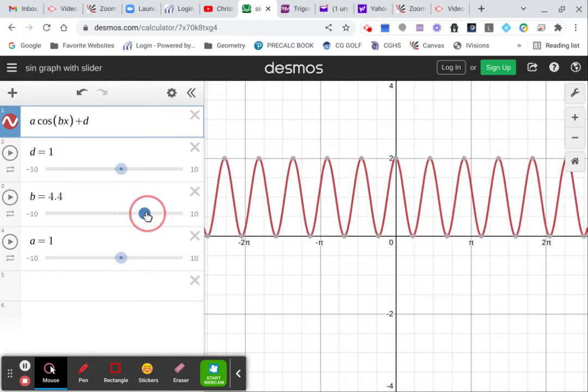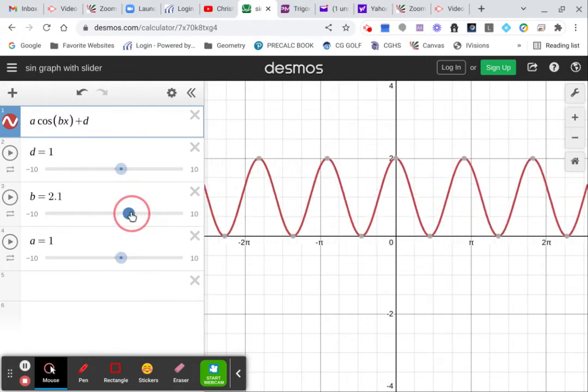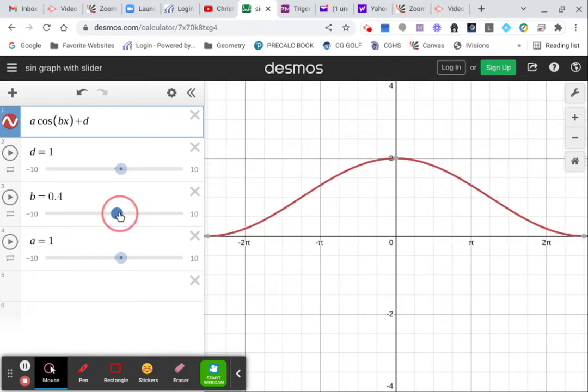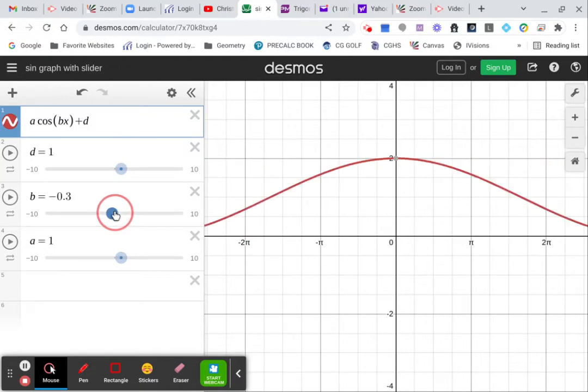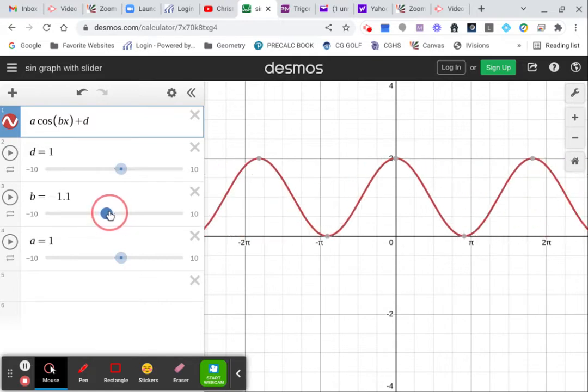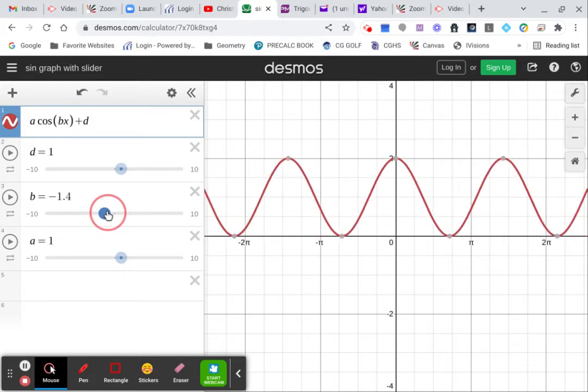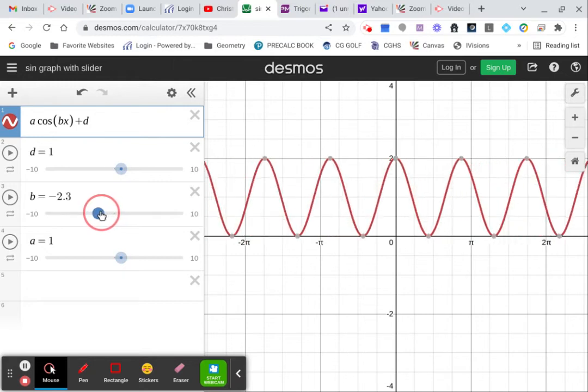Versus as it gets smaller and smaller, now it's getting stretched out. And eventually, if you hit 0, it becomes a horizontal line. And if it becomes negative, now it gets flipped over that y-axis.